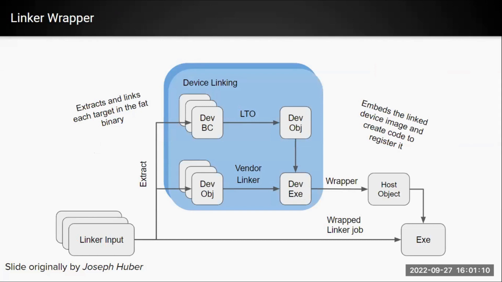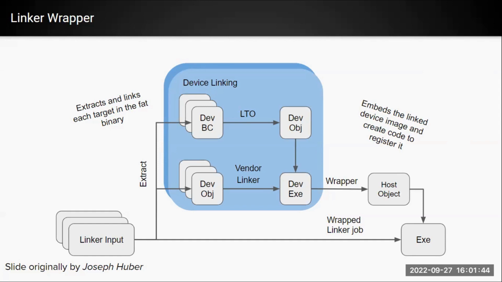Okay, and then if we do LTO, what we embed into the host object file differs. Device LTO and host LTO are separate. So if we do device LTO, what we embed into the host object file is LLVM IR, effectively. The linker gets all its object files, extracts the device bitcode files, and links them all together into a device object.